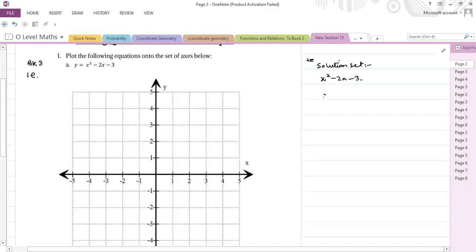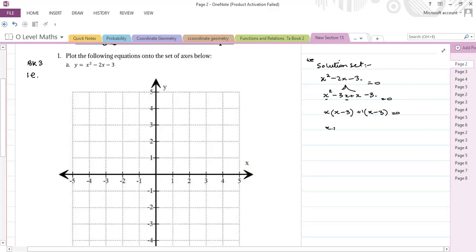We factorize it and we get x squared minus 3x plus 2x. This is broken into these two parts. Now here we have x as common. We take x as common and we get x minus 3. Here we take plus 1, x minus 3. We put it equal to 0.